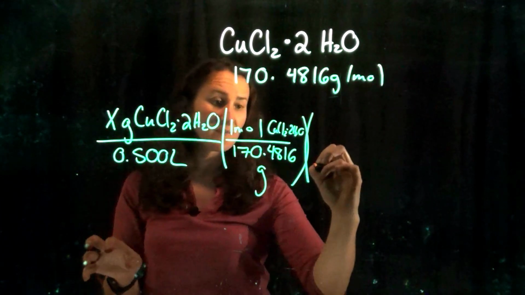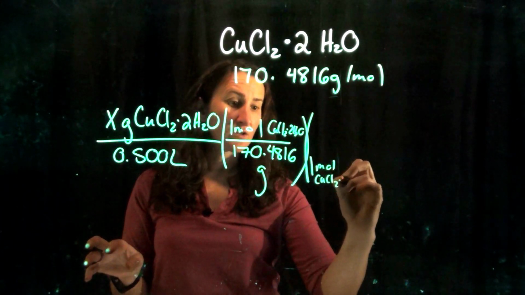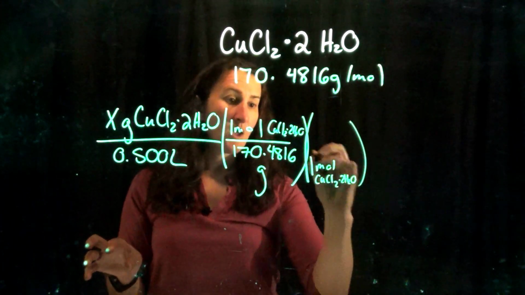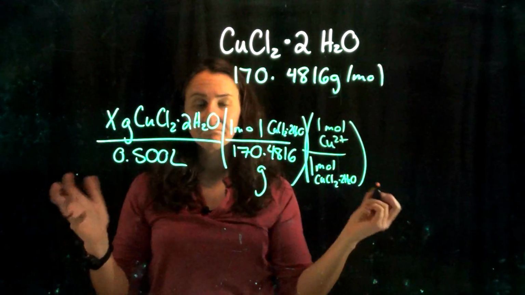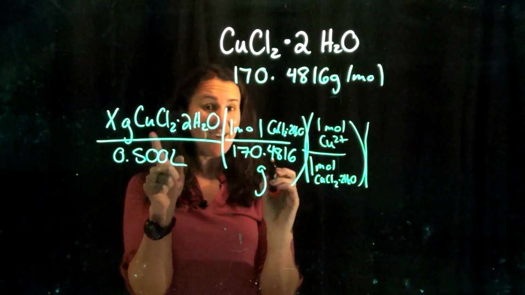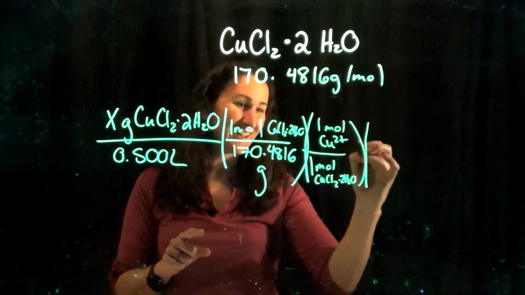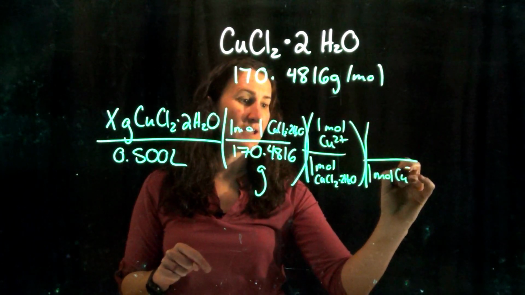It's 1 to 1, so I didn't make that too hard on you. Meaning for 1 mole of copper chloride dihydrate, you have 1 mole of copper ion. So that's not too hard, but you gotta make sure you check, because whenever it's not 1 to 1, that screws you over.